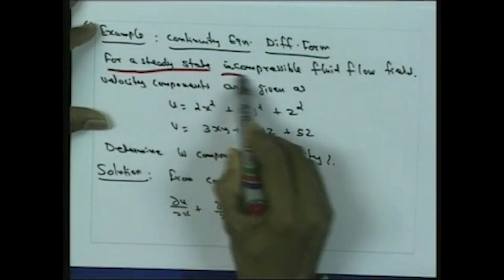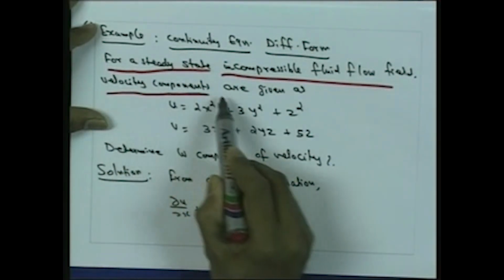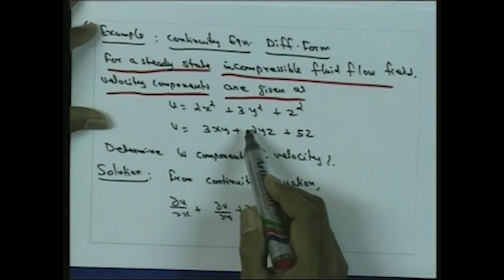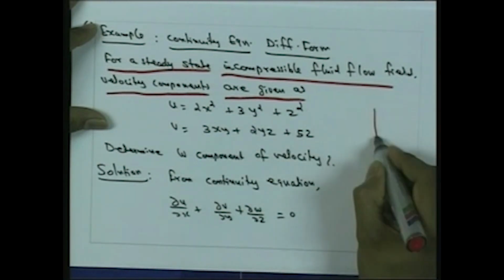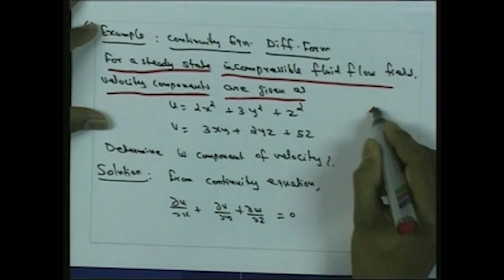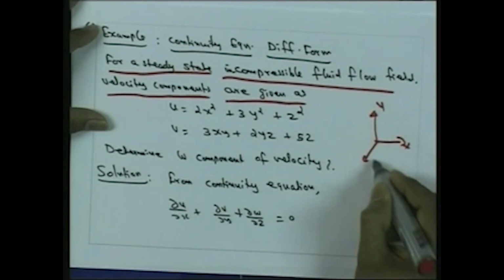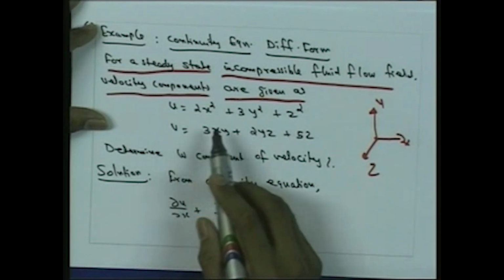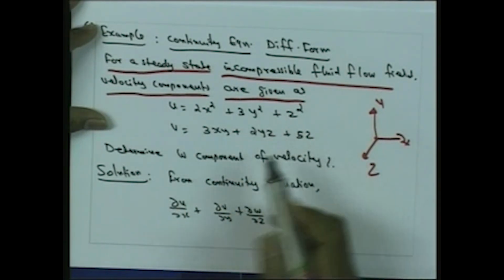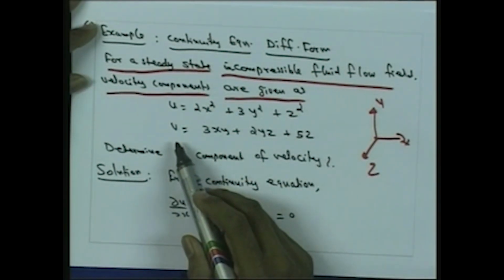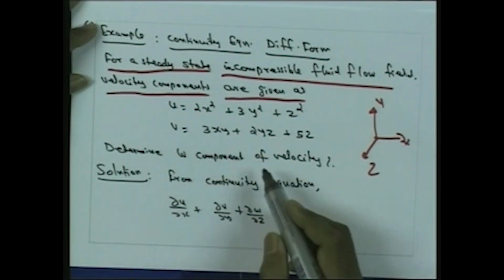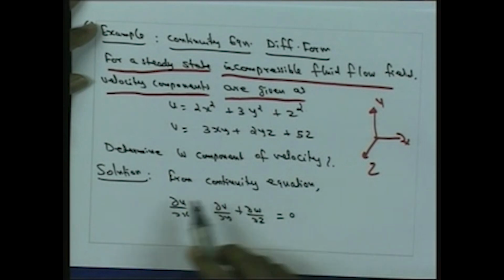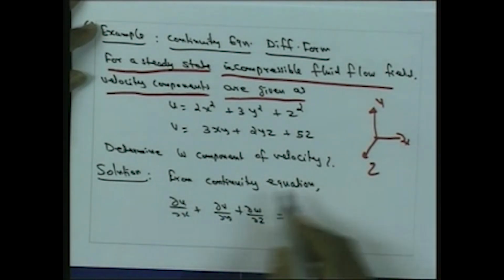The velocity components are given as u is equal to 2x square plus 3y square plus z square, and the velocity component v is defined as 3xy plus 2yz plus 5z. So we have to determine the w component of the velocity.